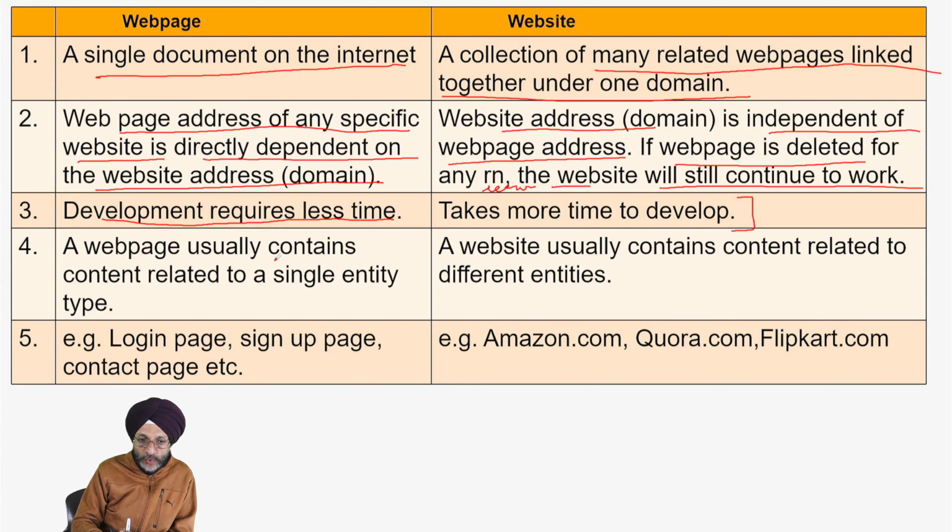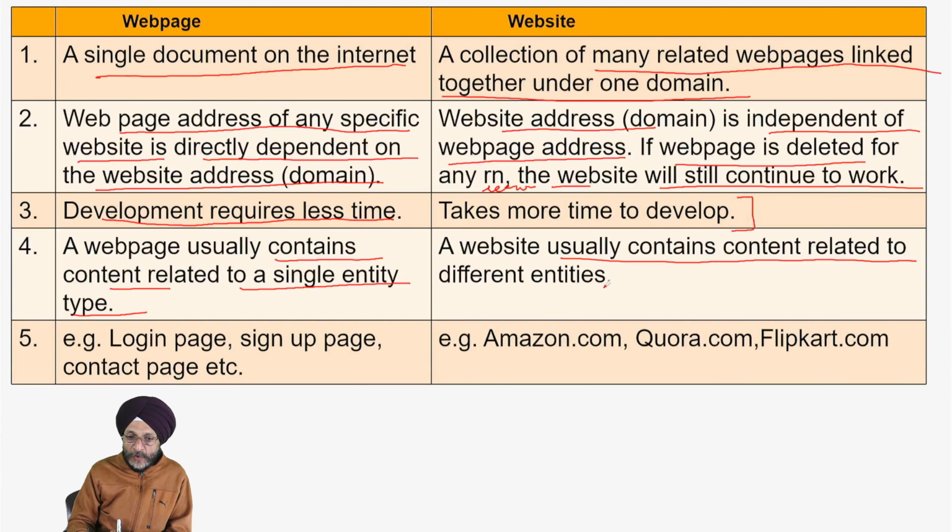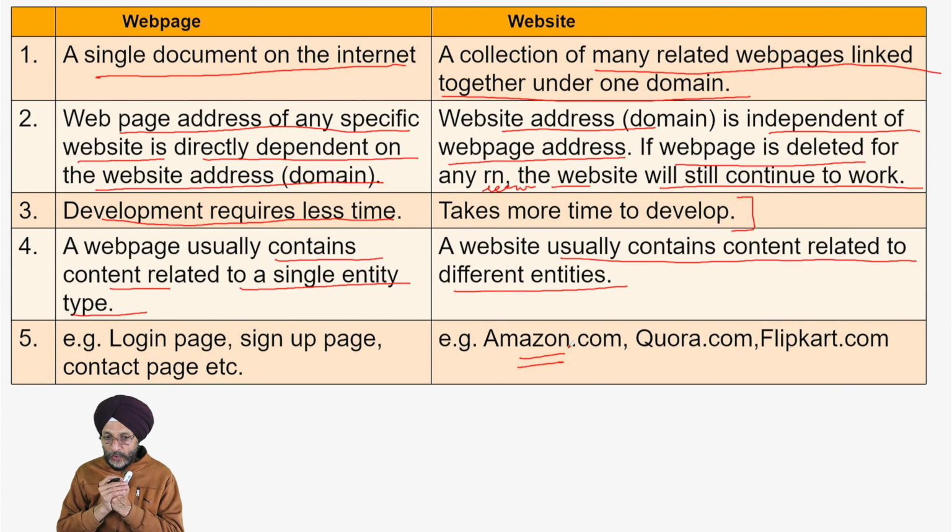A web page usually contains content related to a single entity type. A website usually contains content related to different entities. For example, if we take the example of Amazon, if we click amazon.com, then we are shown the products related to different companies on a single page.